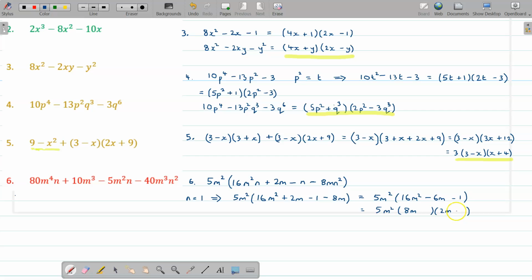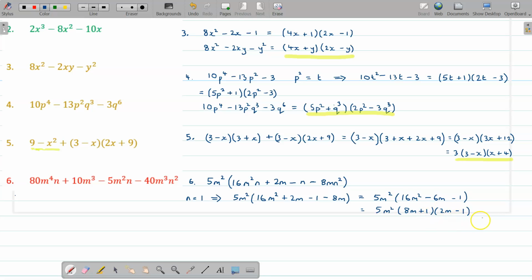It's got to end in a minus 1 and a plus 1, so this will be the minus 1 and this will be the plus 1, and it's easy to check that out just by multiplying those two brackets together. So that's how it would look if n was actually equal to 1.